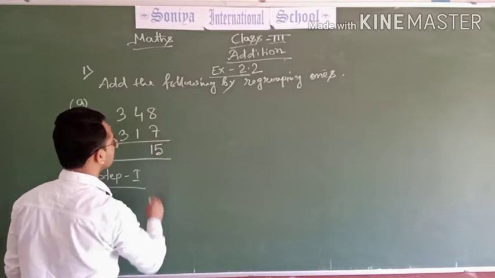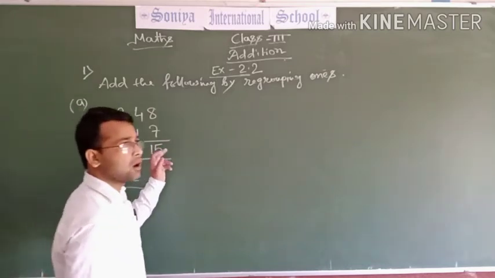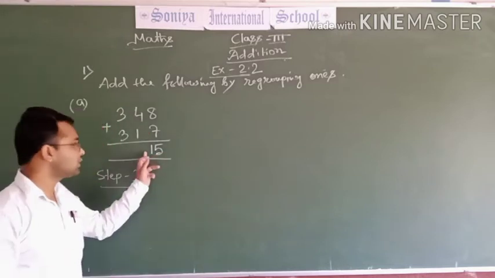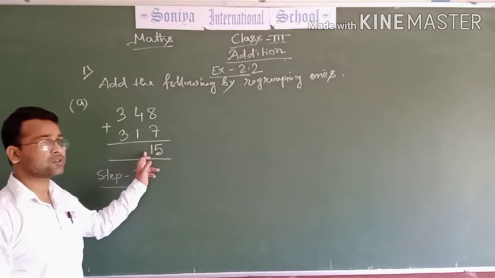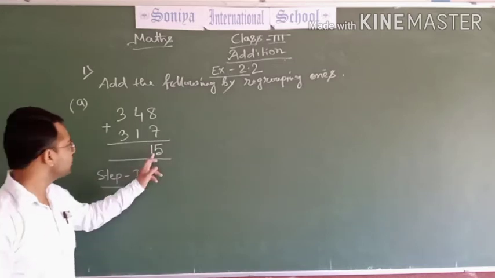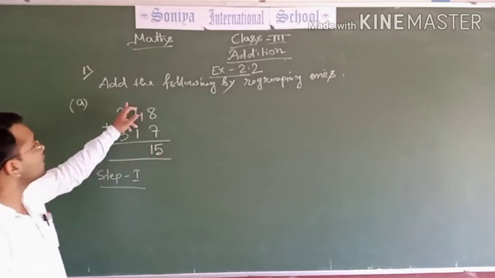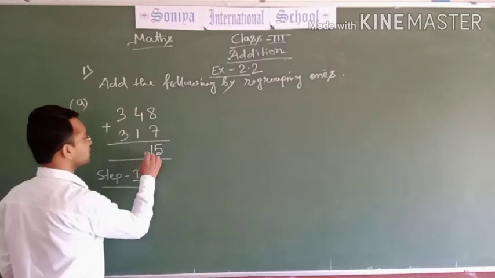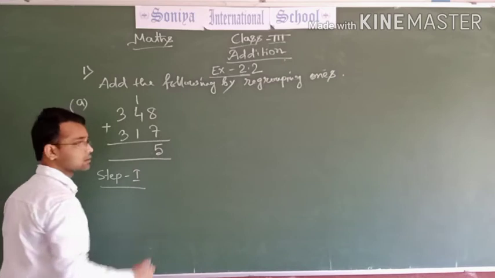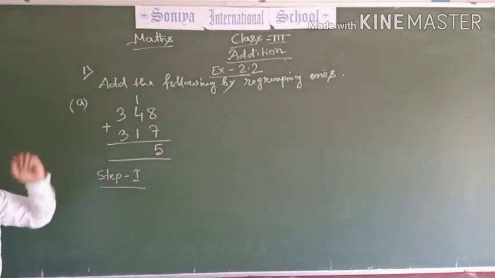We do not write 15 in the ones place, only one digit goes in the ones place. So in 15, 5 goes in the ones place and 1 is carried forward to the tens place. So carry forward 1, here. Okay, step 1 is done.